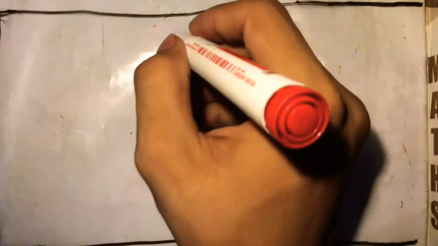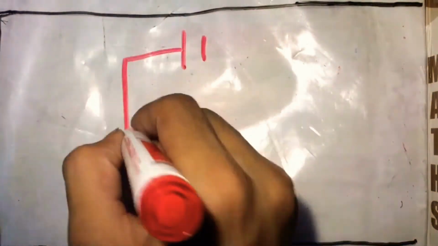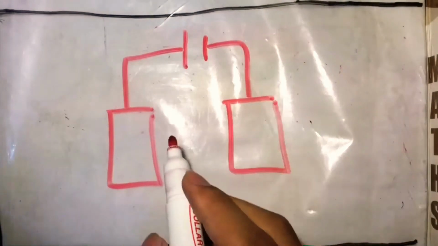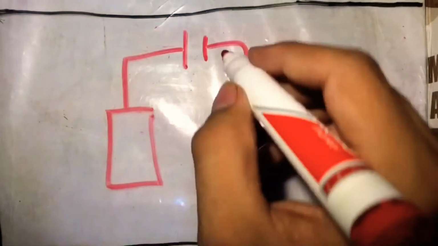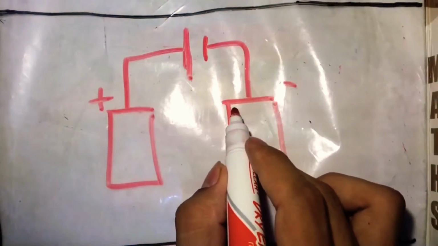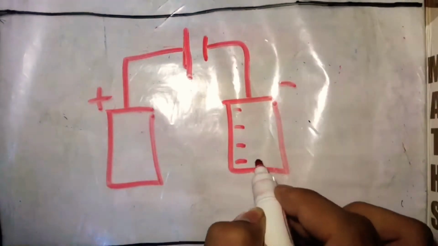In electrolysis, the battery pulls electrons from the anode and pushes them towards the cathode. So over here, the electrons are evenly distributed.